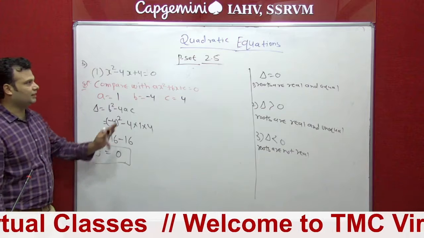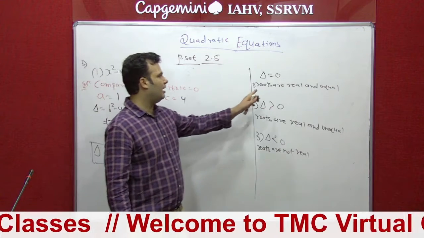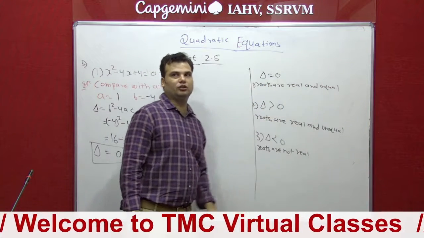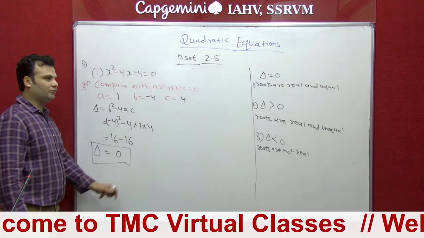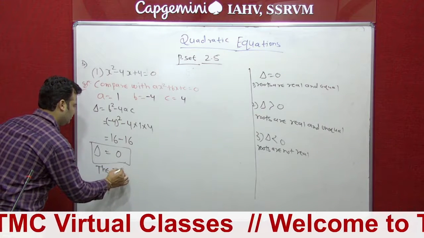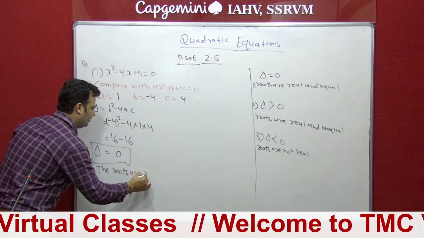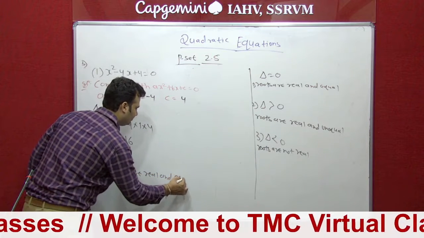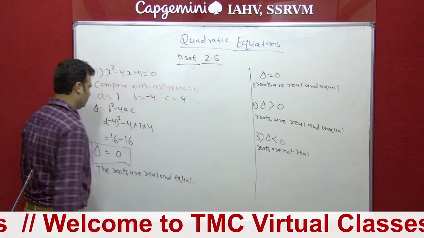Now student, just see the condition. If the value of del is equal to 0, then roots are real and equal. So now you can see here del is 0. So we can write real and equal, because del is 0.